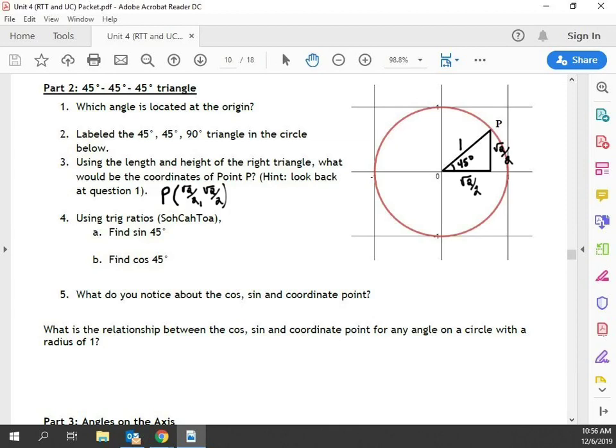The values of those two, what's the relationship? They're exactly the same. Can anybody tell me why that is? The angles are the same. What do you mean, the angles of what? That would explain why the lengths of the legs are the same. You're exactly right. But can you tell me why, when we're dealing with a unit circle, the coordinates are the same?